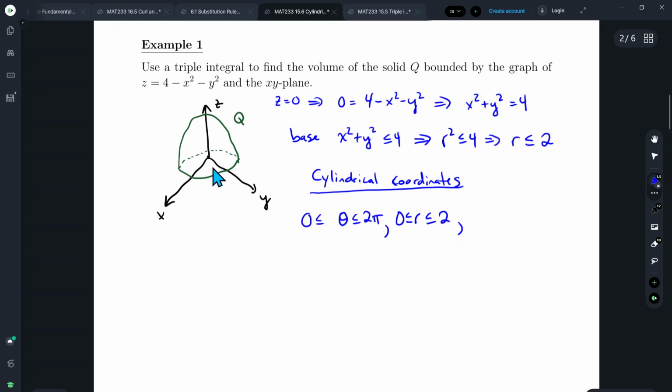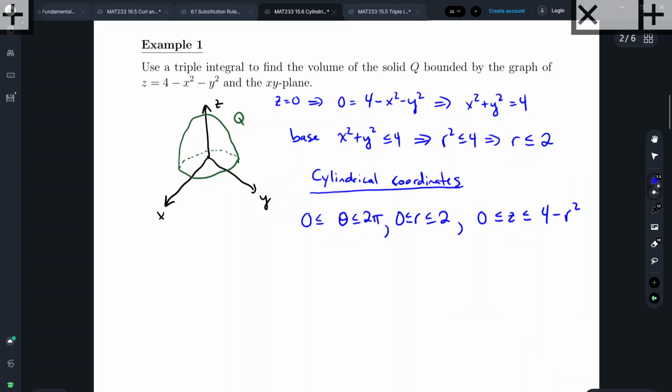And now about the z coordinate. The z coordinate should describe the top boundary and the bottom boundary. The bottom boundary is the xy plane, which is z equals 0. And the top boundary is the paraboloid, which is 4 minus x squared minus y squared, but we want to write it in terms of polar coordinates, so that would be 4 minus r squared.